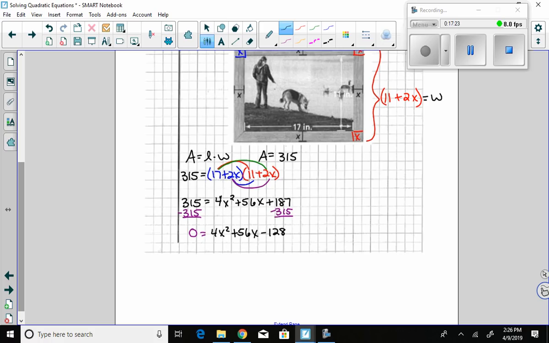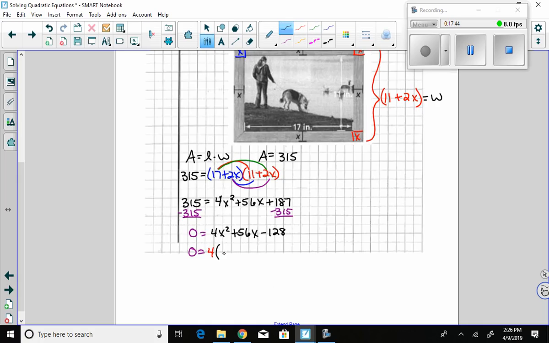Now I have to factor that. You're like, whoa, these numbers are huge. I wonder if there's anything that goes into all three of those. And the answer is, of course, yes. So we have 0 is equal to, what goes into all three? 4.